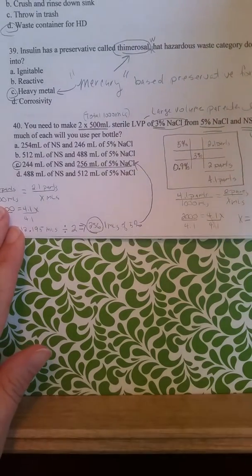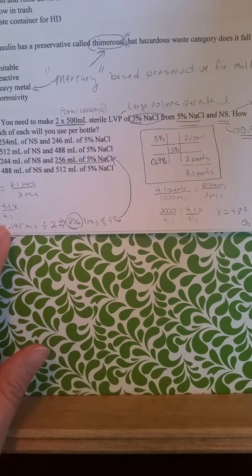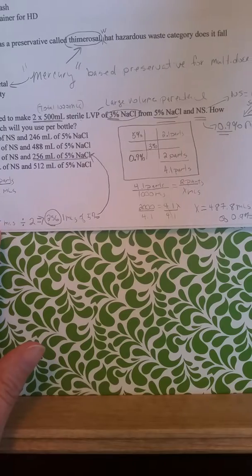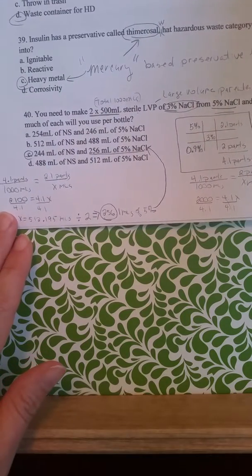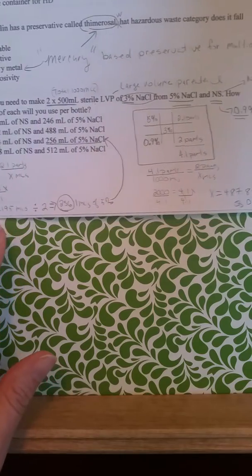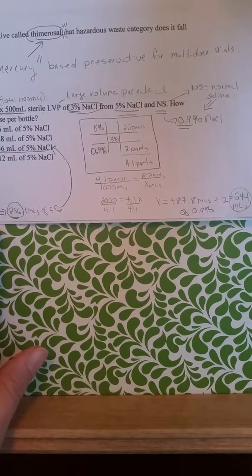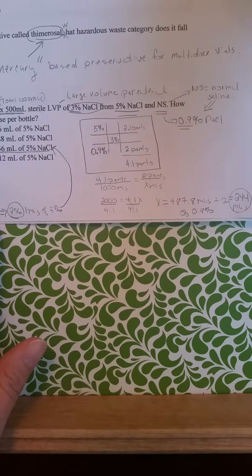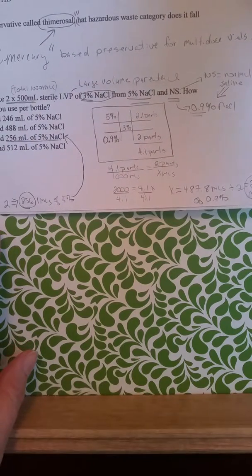You need to make two 500 ml sterile LVPs of 3% sodium chloride, using 5% sodium chloride and normal saline. How much of each will you use per bottle? So remember, normal saline is 0.9% sodium chloride. We're going to set up our alligation.